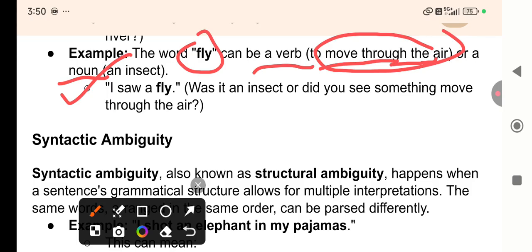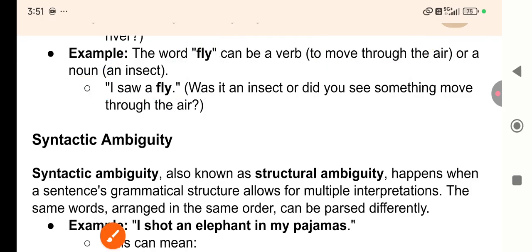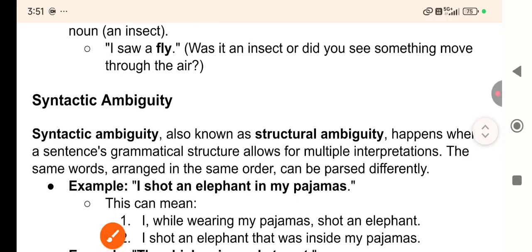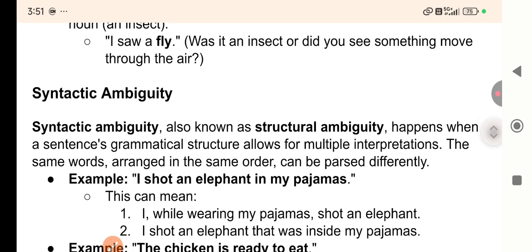Was it an insect, or did you see something moving through the air? It is not clear. So these are the ambiguities which occur due to words.